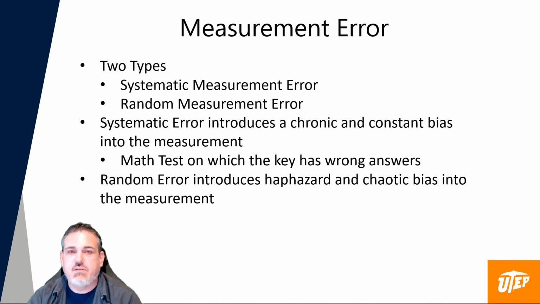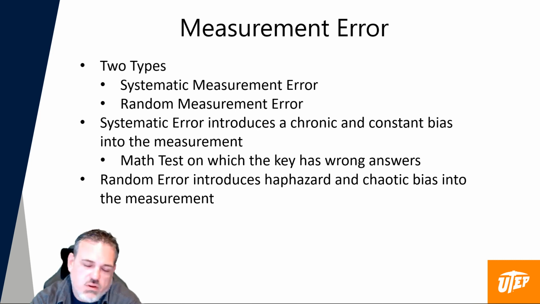So let's say, for example, we gave that math test. And one thing you have to understand is that the goal of the math test, or the goal of any test, is to be able to assess how much an individual knows. So with the systematic error, we're systematically docking individuals who answered correctly. So it's across the board.